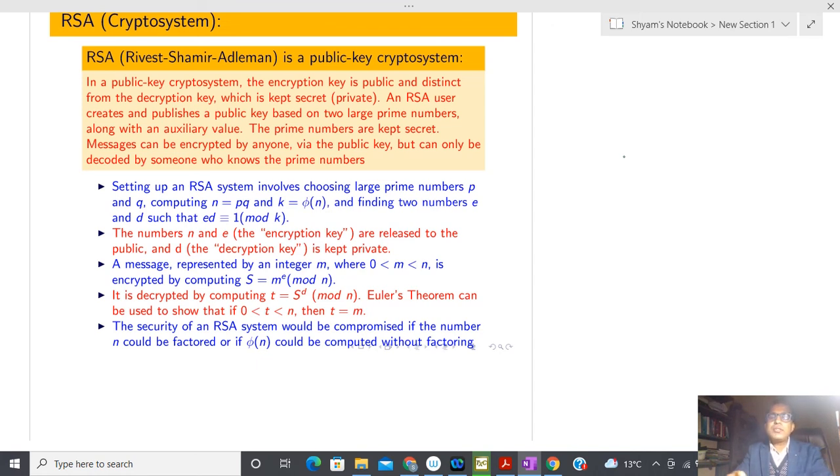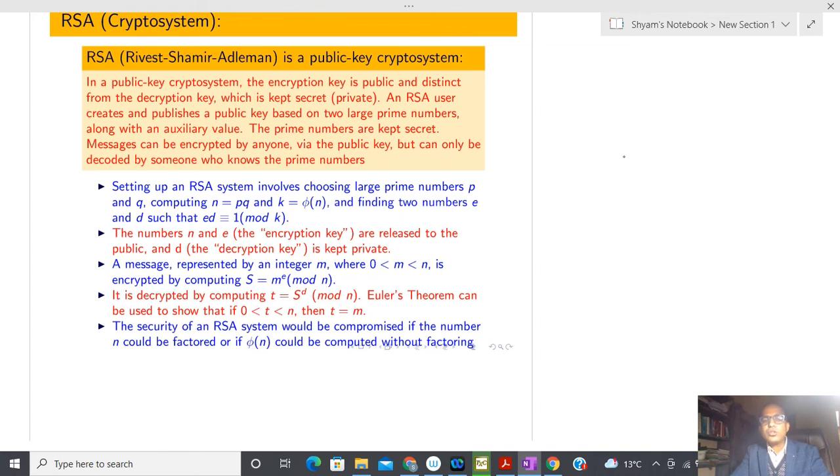Suppose you enter your password, and even if some agency sees that encrypted password, they are not able to guess what we have typed. For that we are using a crypto system. So this is the mechanism: using groups, we try to generate a cryptography mechanism.